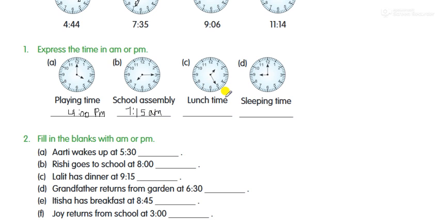Next, lunch time. Lunch time is 1:25, so it's PM. Next, sleeping time, 9 o'clock at night. So it's PM.